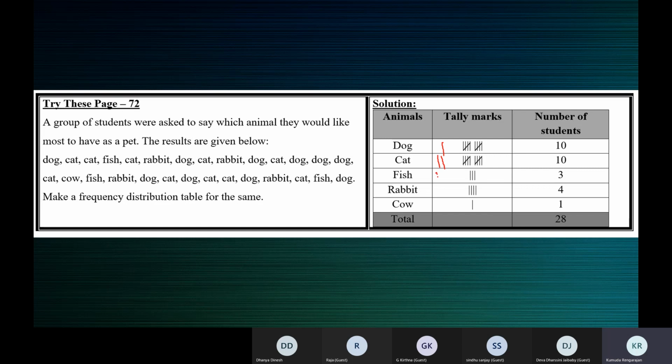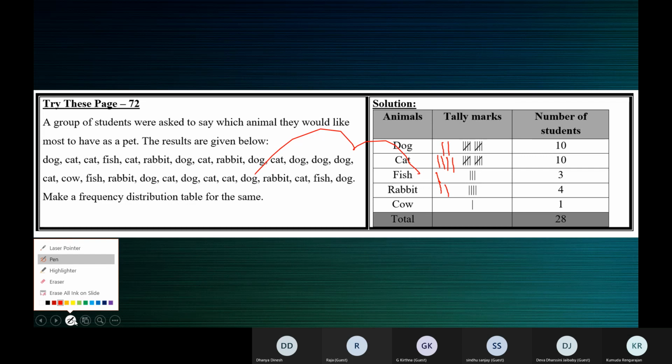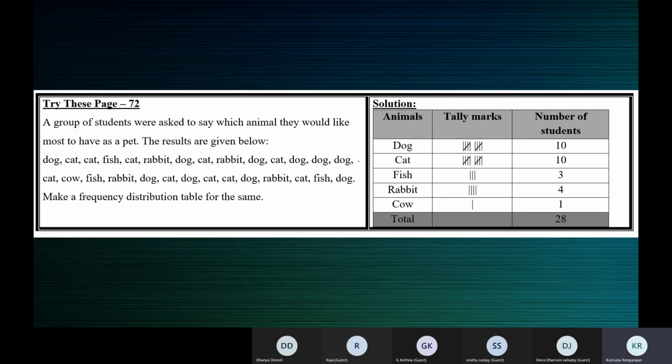Then it is fish, then a cat again, then a rabbit, and a dog, then a cat, then a rabbit. So keep moving from the first one and put a tally mark against the relevant animal. That's how you build this. That's how you make the tally marks.